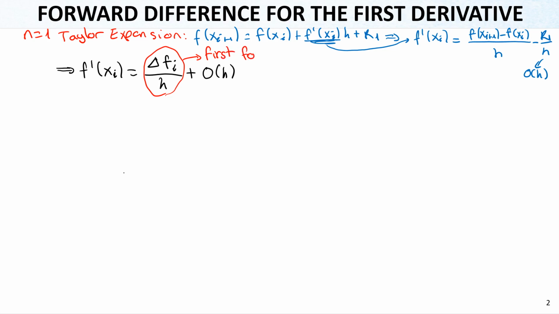First forward difference. And this is the step size, h. This is the difference, delta. And the entire term is called the first finite divided difference.